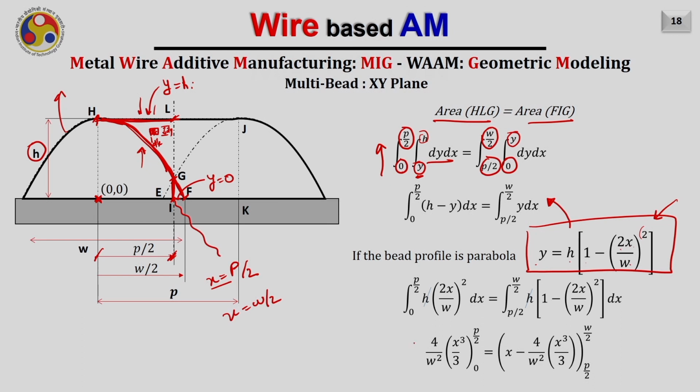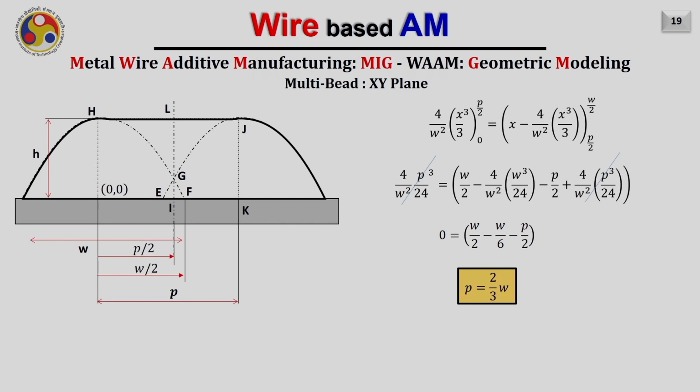After simplification, and after putting the limits and further solving it, I will obtain the value of P, that is the pitch or the distance between two subsequent beads, also called step over, equals 2 by 3 times the width of the bead. The width of the bead is nothing but from here to here, that is W. So this is the optimal value.